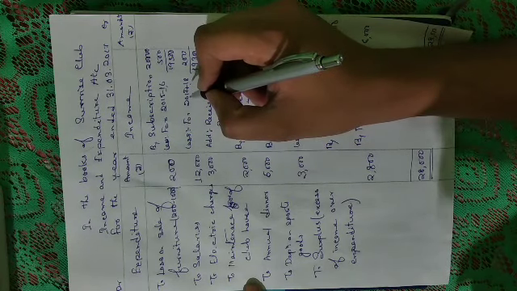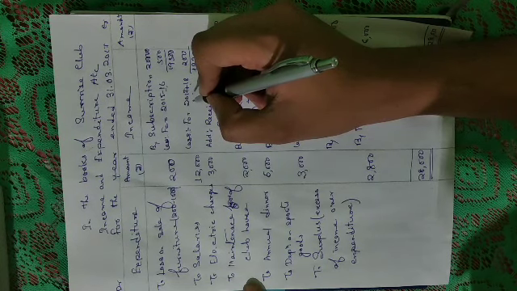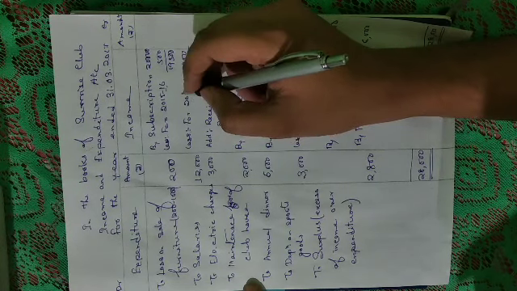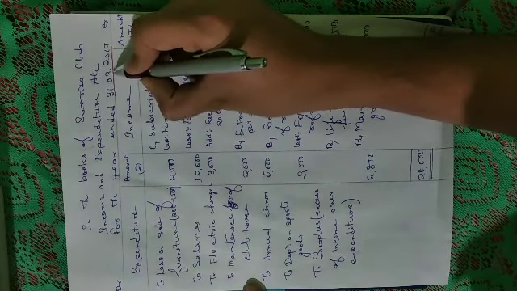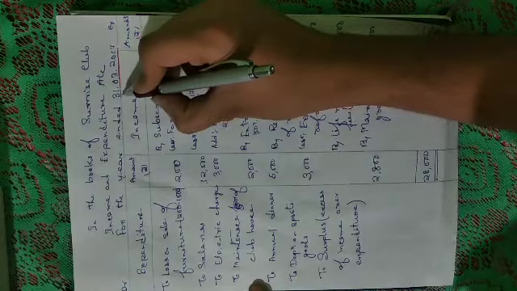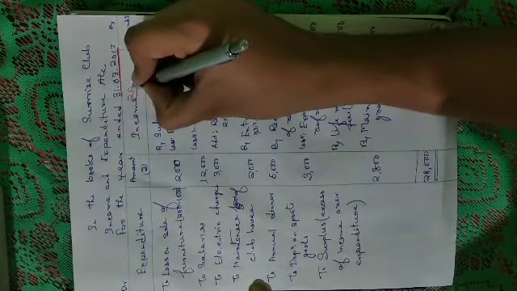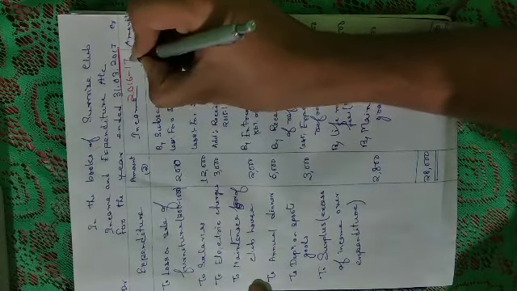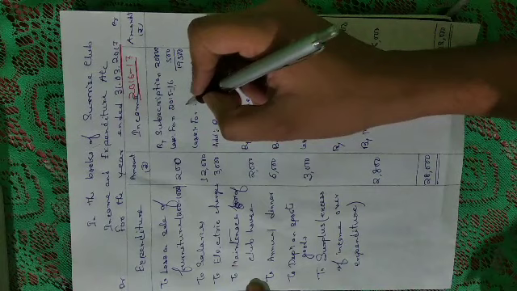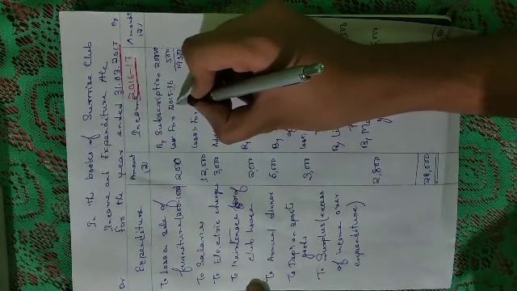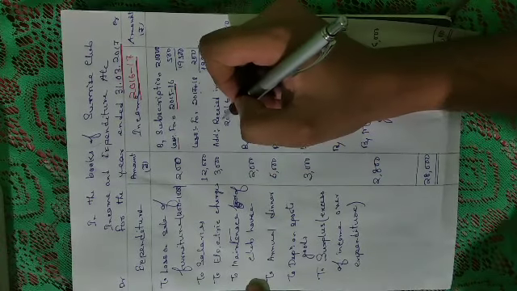In the additional information it is given that subscription received includes rupees 500 for 2015-16, and our accounting year is 2016-17, ending on 31st March 2017. So 2015-16 relates to the previous year, so less.